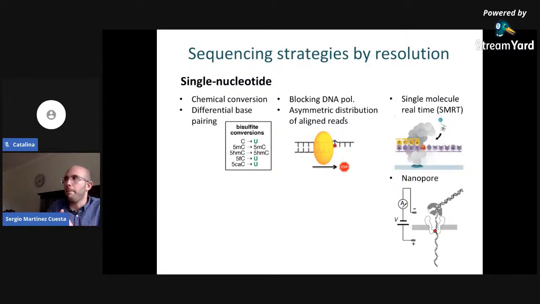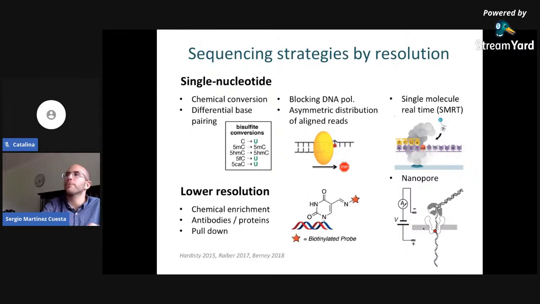And more recently, there are methods such as PacBio and also nanopore, where when a modification goes through the pore, you can detect this differential potential and therefore detect it at single nucleotide base resolution. And for lower resolution methods, you have chemical enrichment strategies using antibodies or pull-down strategies.